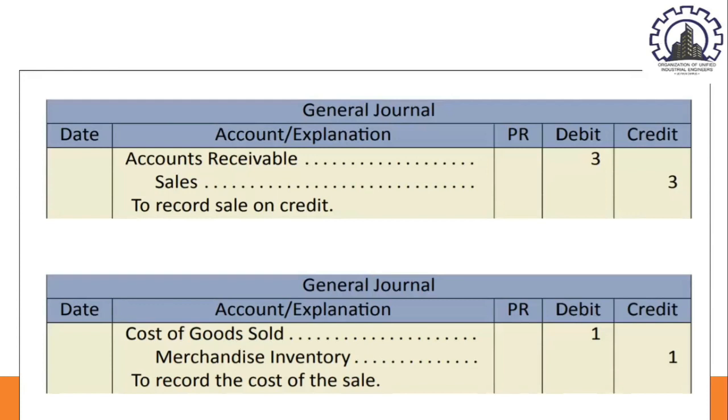On the other hand, cost of goods sold is being debited amounting to $1, and merchandise inventory is being credited amounting to $1 to record the cost of sale. Now, take note that the use of a contra account to record sales returns and allowances permits the management to track the amount of returned and damaged items.